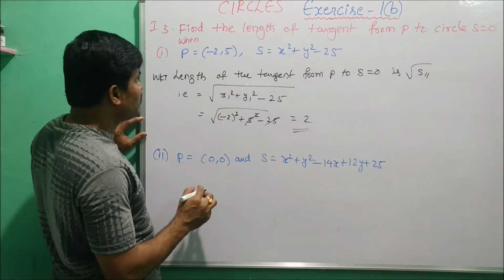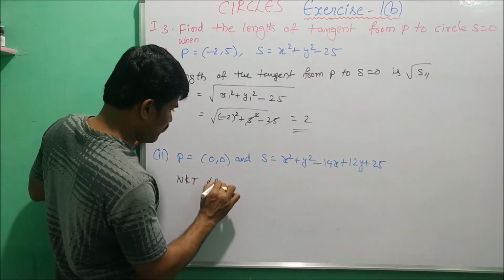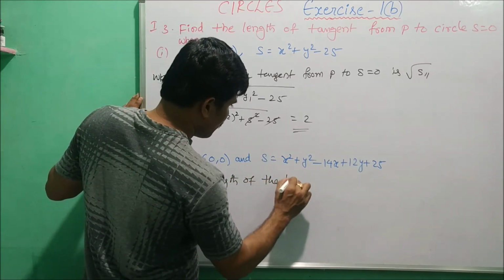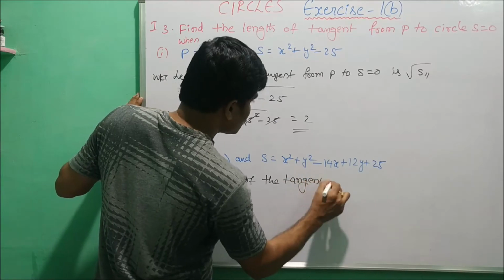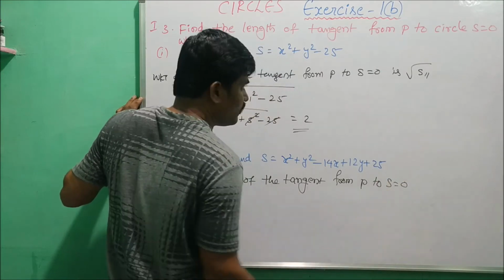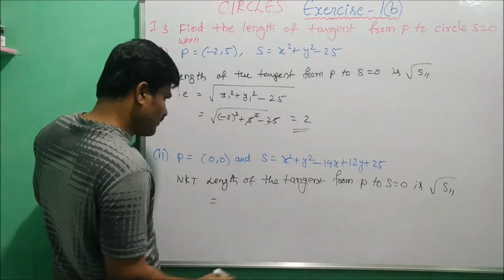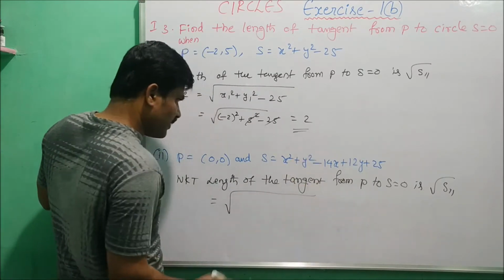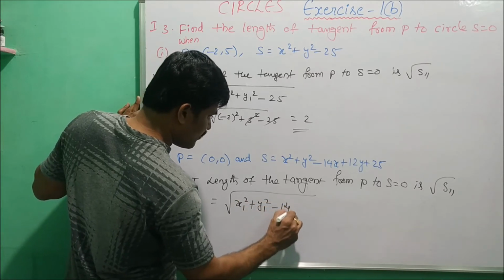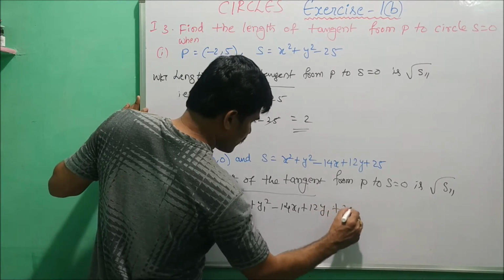Similarly the second problem, we know that the length of the tangent from the point P to s equal 0 is square root s11. That equals, here we take the square root of x1 square plus y1 square minus 14x1 plus 12y1 plus 25.